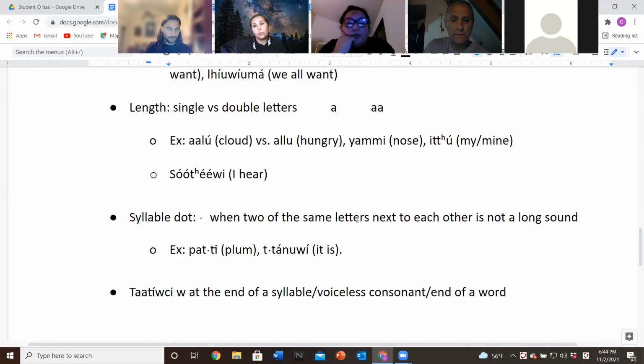So the dots are only for situations where it would look like a long T, but it's not supposed to be a long T. It's supposed to be two T's next to each other. Oh, yeah, okay, I see. It's basically just saying these two letters are not a long sound. They're two separate sounds. Does that help? Yeah. Okay.